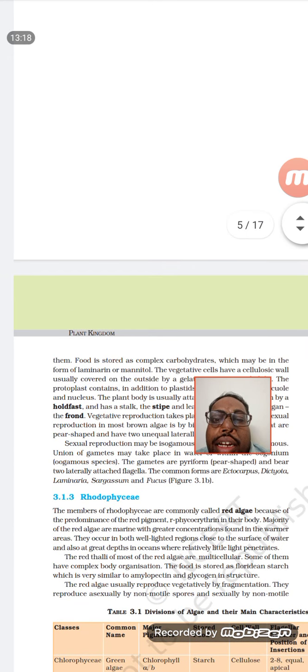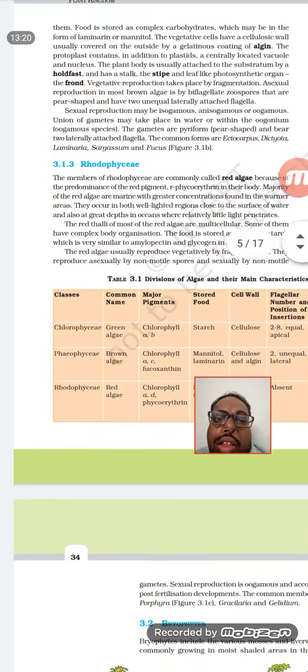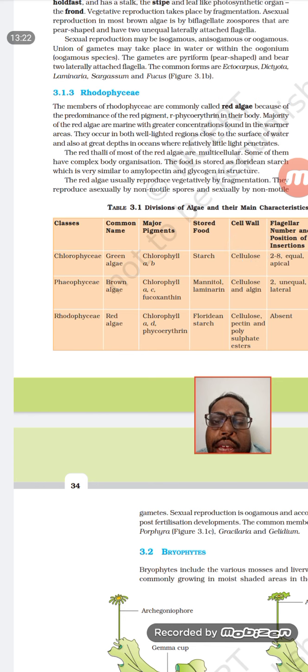So if you have any doubts, please contact me or send me a message wherever it's posted. And these tables are very important. They are the summary of what we have read above. It is very difficult to remember each and every word we have read, but the main things are summarized in this tabular format. So try to go through this.